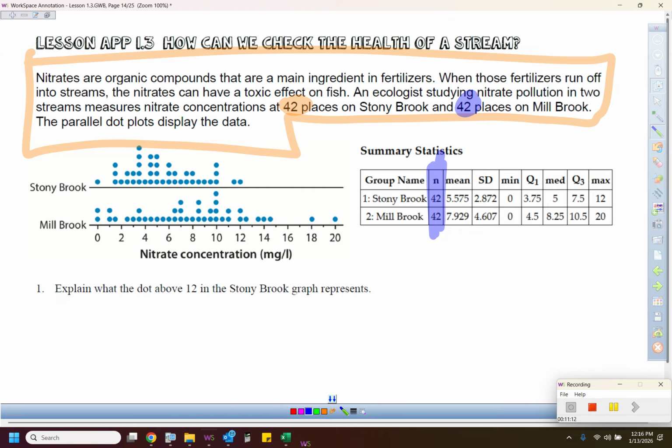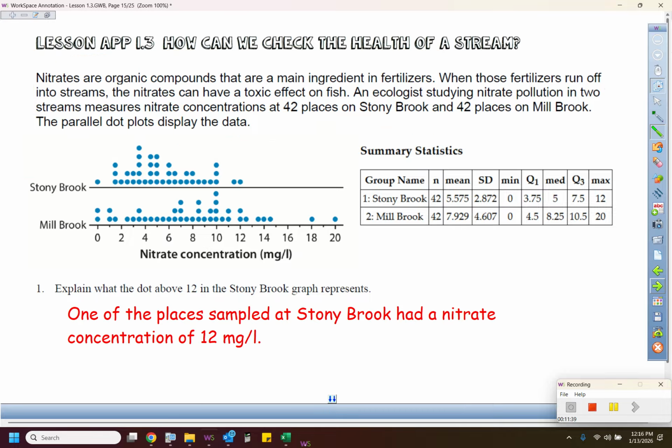Brook right there. That dot. What does that dot mean? It means when they went to this spot in Stony Brook, there was 12 milligrams of nitrates. Right? Here's how I worded that.